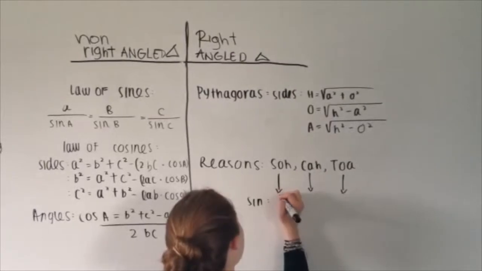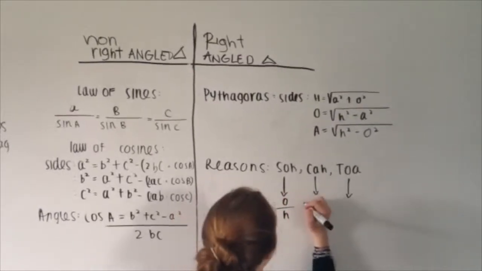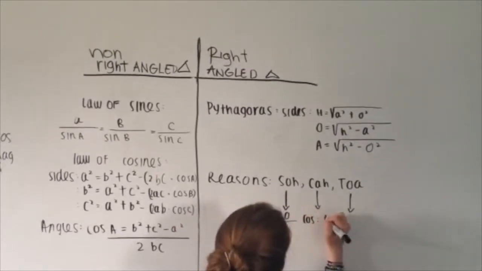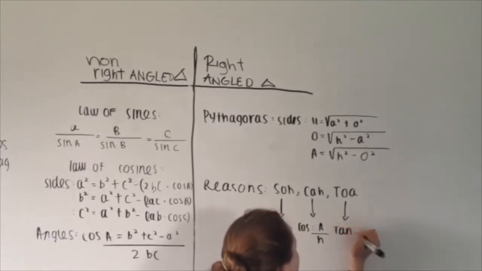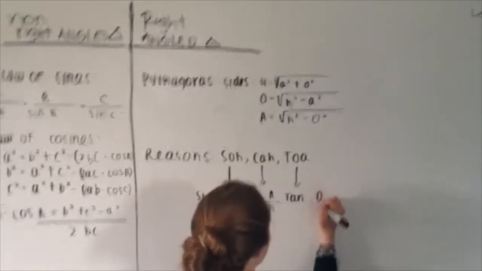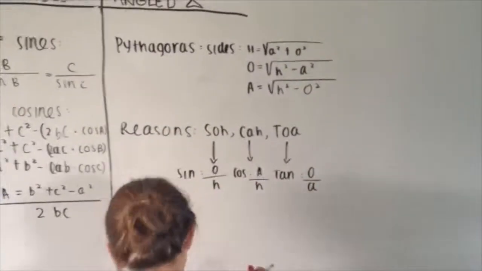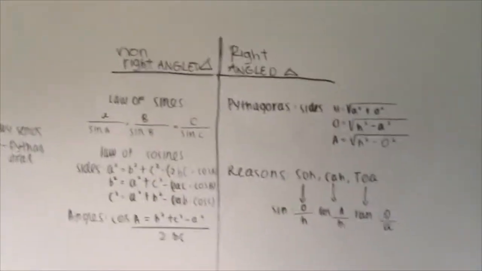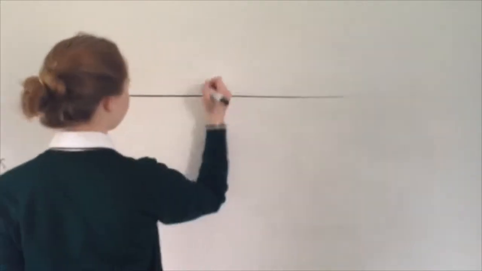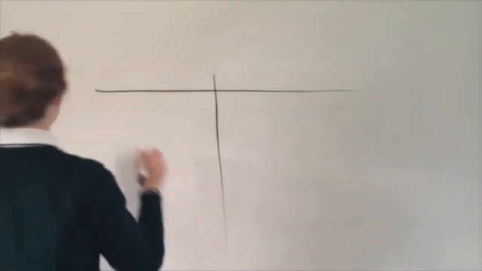CAH is cosine, and it relates adjacent with hypotenuse. And TOA is tan, which relates opposite with adjacent. You have to know which sides you have to be able to do these equations.